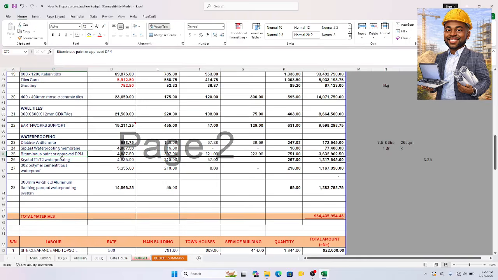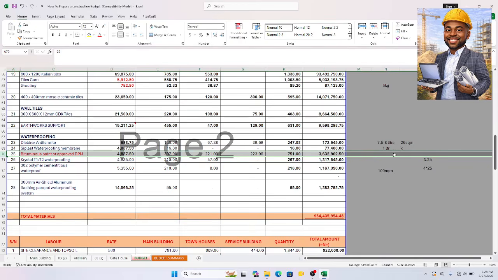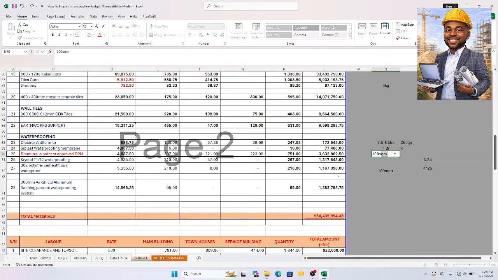I think I have the detail now. For damp-proof membrane, this item here, I think a roll is 100 square meters. That is, it is 4 by 25 meters.